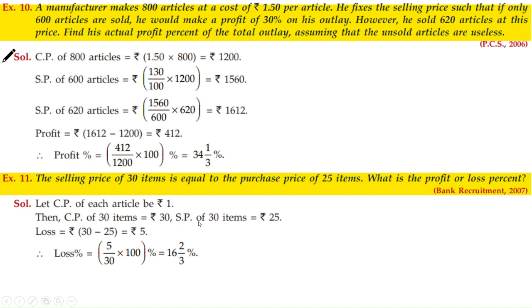Selling price of 30 items is equal to rupees 25. Loss equal to 30 minus 25 equal to 5 rupees. Then loss percent equal to loss by cost price into 100. 5 by 30 into 100, that equal to 16 2 by 3%.